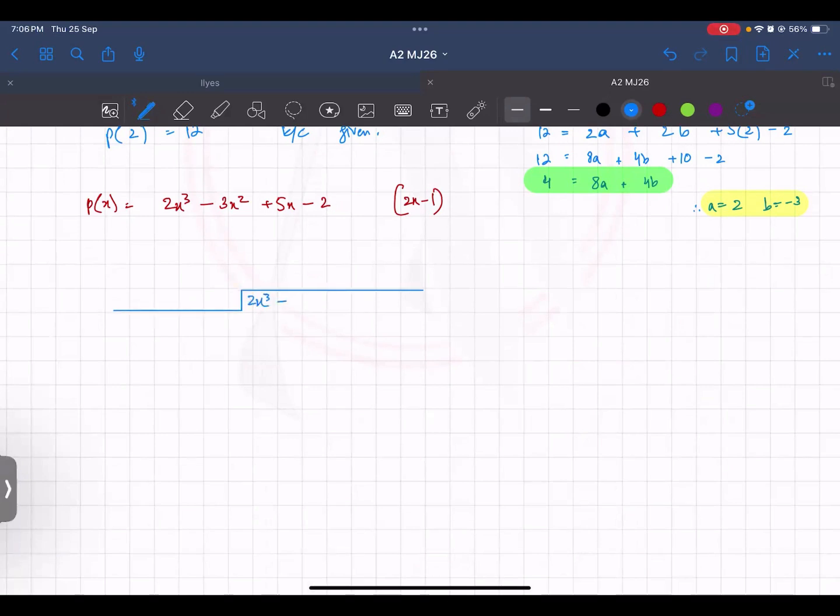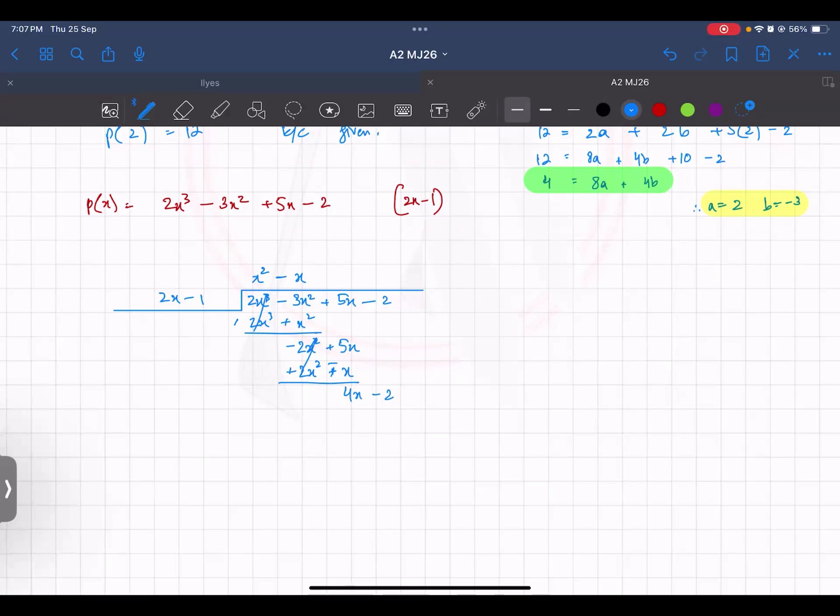2x cubed minus 3x square plus 5x minus 2 divided by 2x minus 1. You will multiply it with x square. So 2x cubed minus x square, change signs, cancels out, minus 2x square plus 5x. We will multiply this with minus x. So minus 2x square plus x. Again, change signs, cancels out, 4x minus 2.